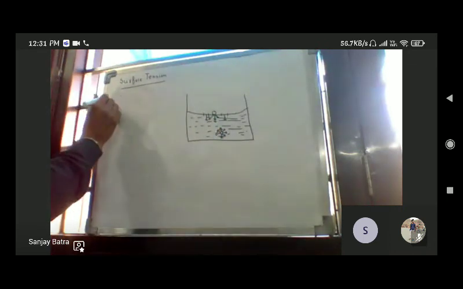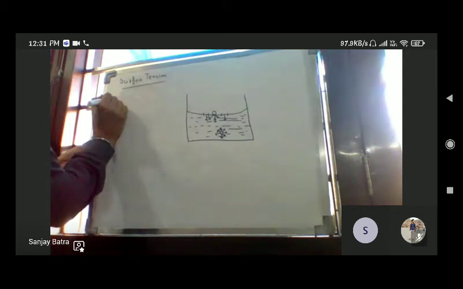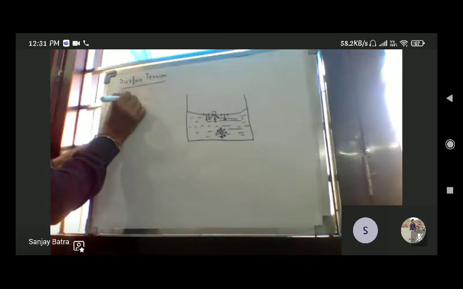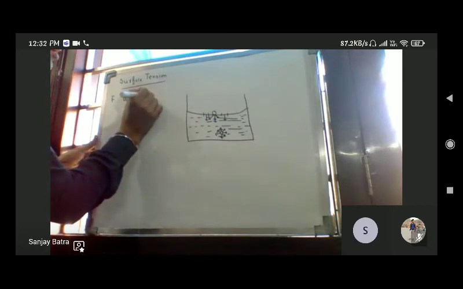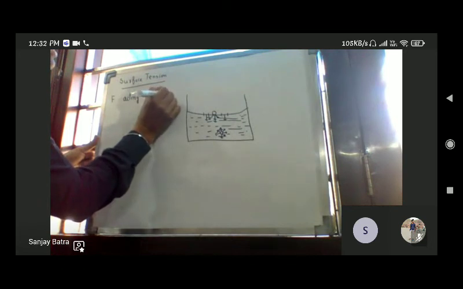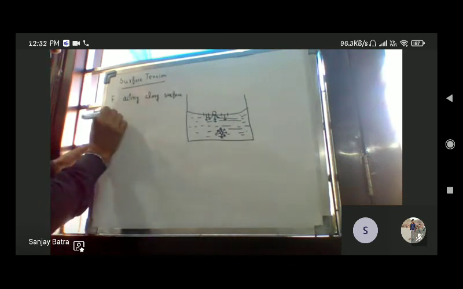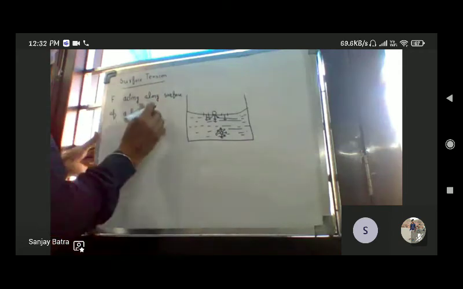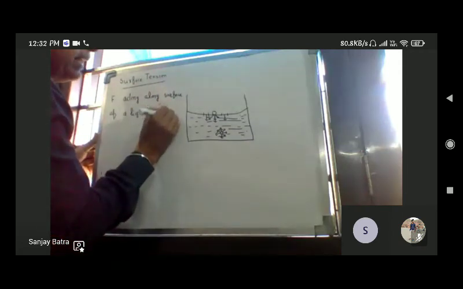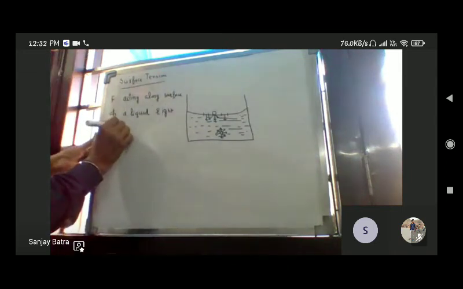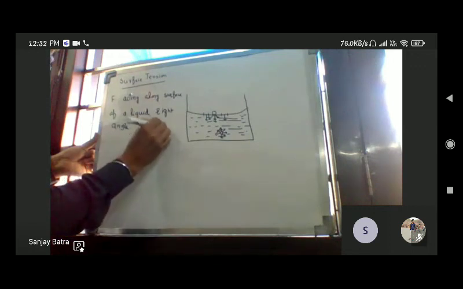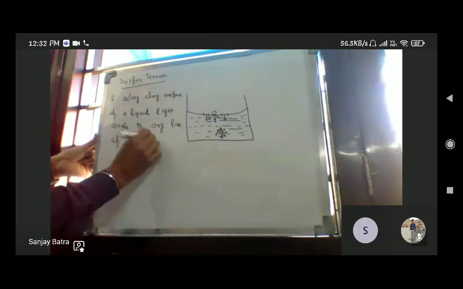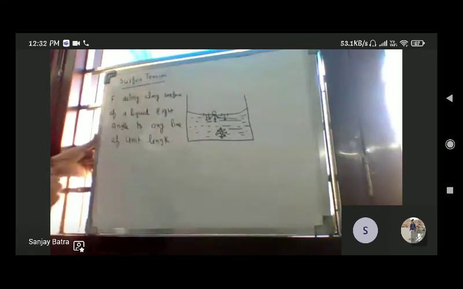Okay, so write down the definition of surface tension. Force acting along the surface of a liquid, right angle to, or perpendicular to, any line of unit length is known as surface tension.